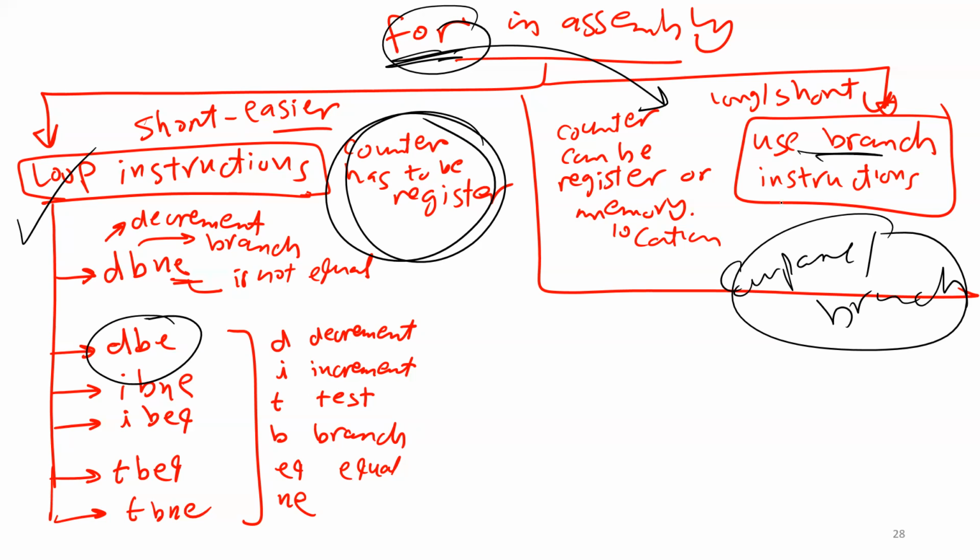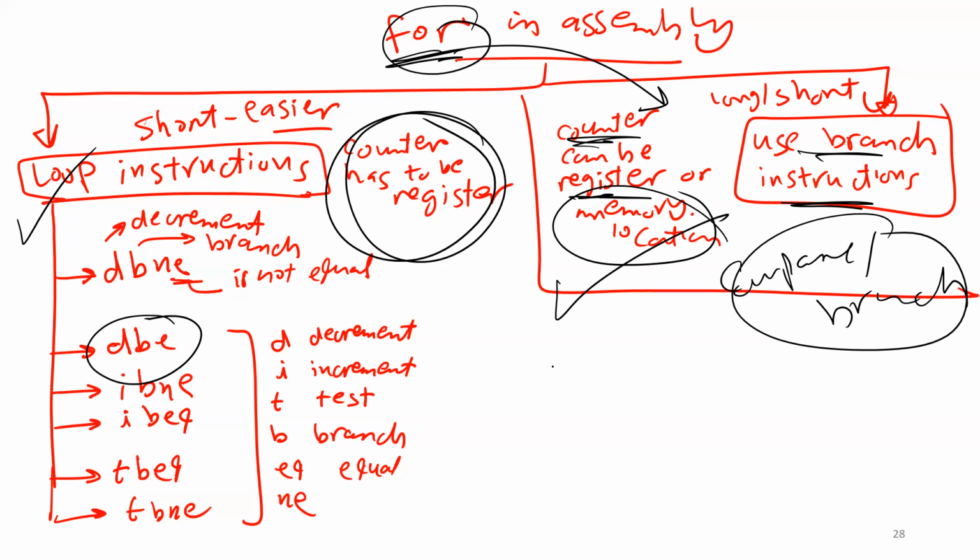However, if you use compare and branch instructions, your counter can be a register or a memory location. Again, if you have the choice between register and memory location, you have to go for memory location, guys. Why? Because we have many memory locations, but we don't have many registers. So this is a big advantage here.